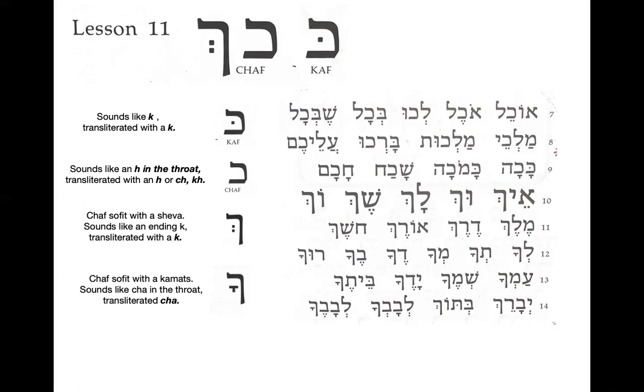Line 11, melech, derek, orek, choshek. Line 12, lakha, takha, makha, gakha, vakha, rukha.